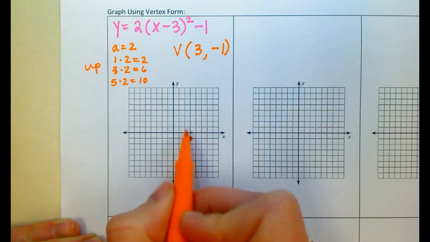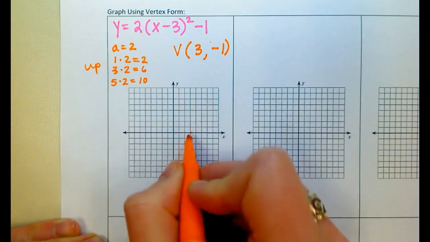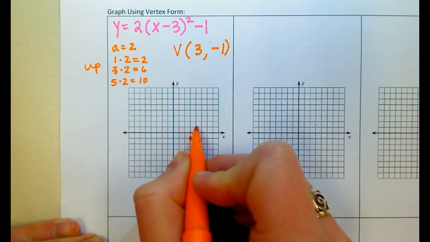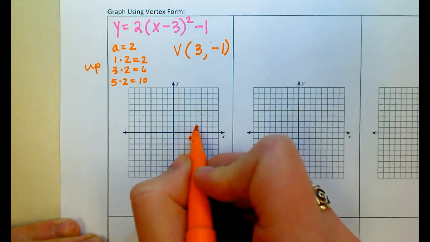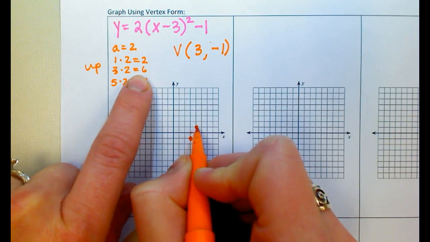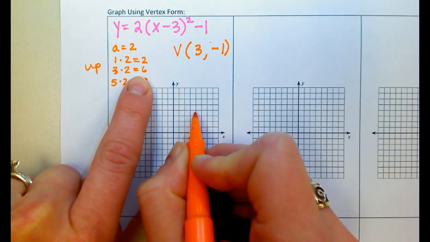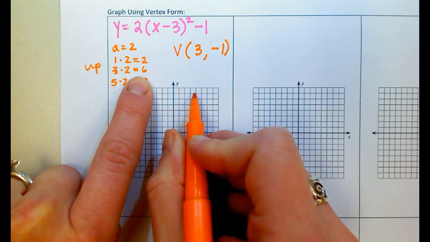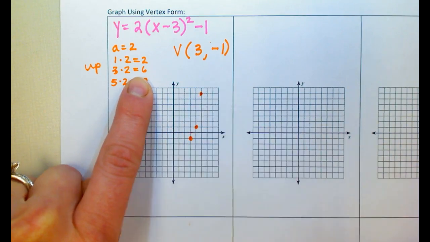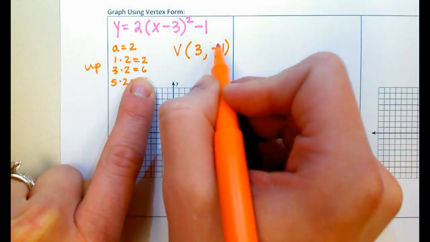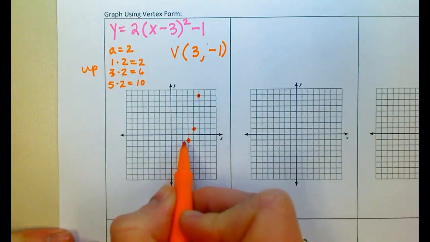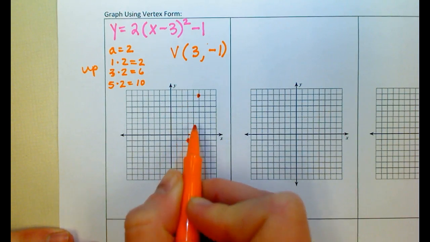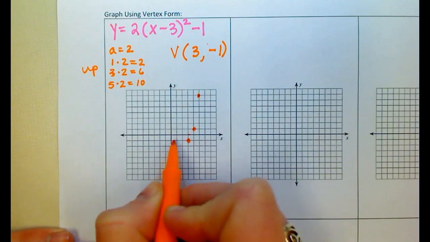So from the vertex, I'm going to go up 2 over 1, and I'm going to plot that point. From that point, not from the vertex, from that point, my next one goes up 6, 1, 2, 3, 4, 5, 6 over 1. And if I had room, I would go up 10 over 1. Now we know that quadratics are symmetrical, so what I do to one side, I'm going to do to the other side.